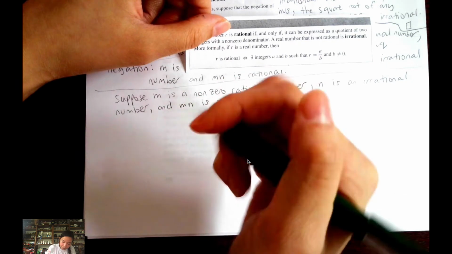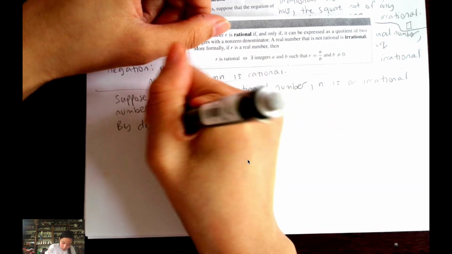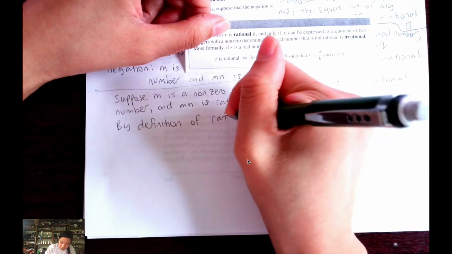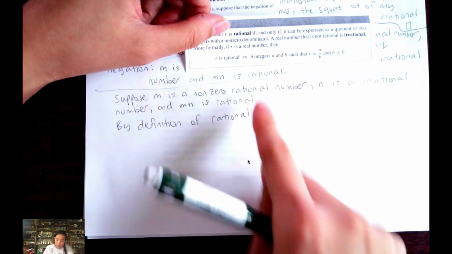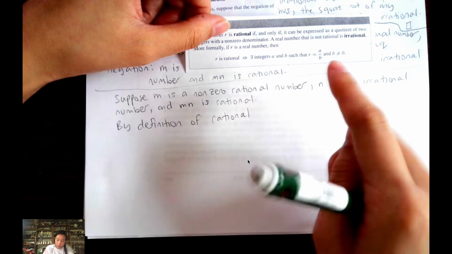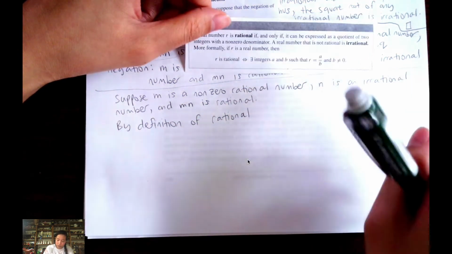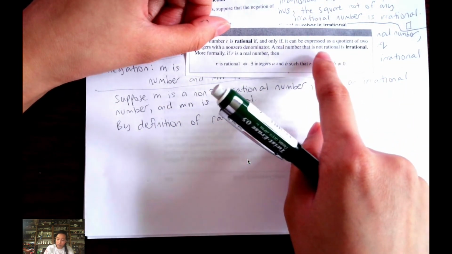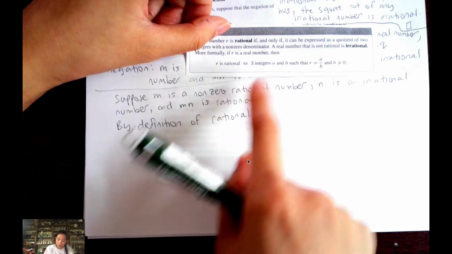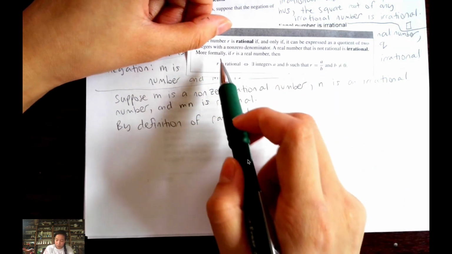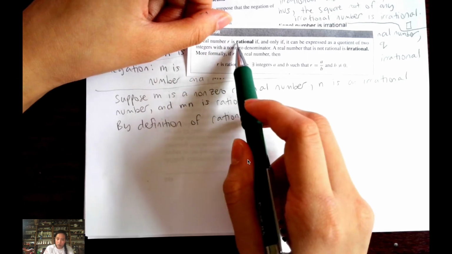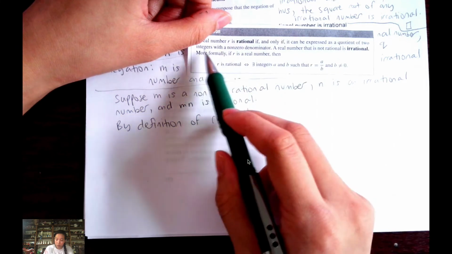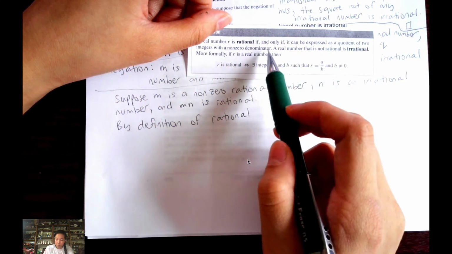So we could say, by definition of rational. Remember, we're trying to define technical terms, and in this case it's rational and irrational, but since irrational is defined as not rational, we're going to define what rational is. A real number r is rational if and only if it can be expressed as a quotient of two integers with a non-zero denominator.